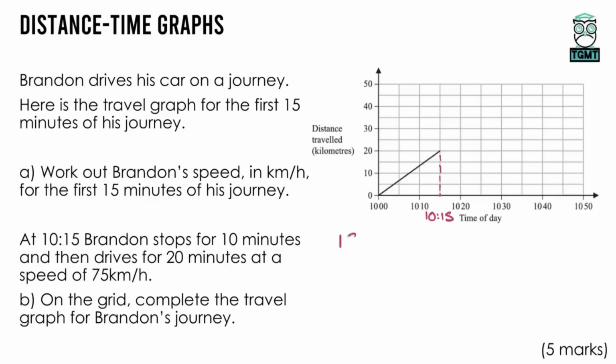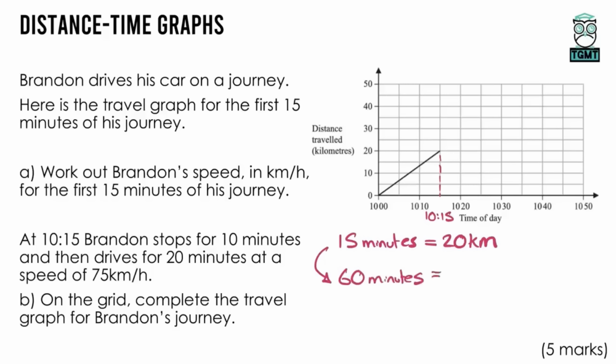So it's taken him 15 minutes to go 20 kilometres. Now if you wanted to, with speed distance time, you could convert the minutes into hours by writing it as 15 over 60 and using your formula. But in this particular question, we actually just need to get to 60 minutes. We want to know a speed, and normally we would give a speed in kilometres per hour.